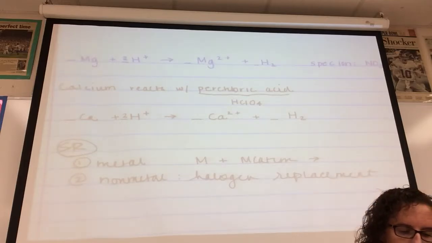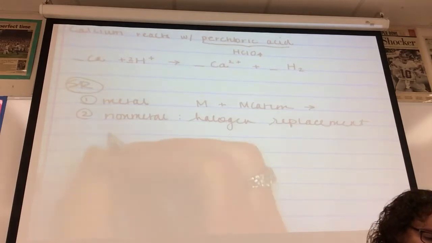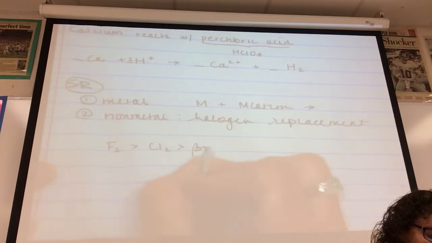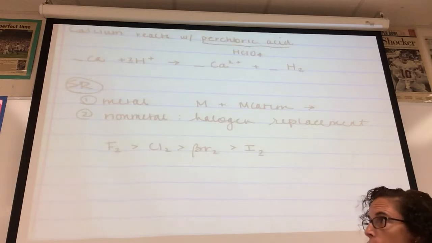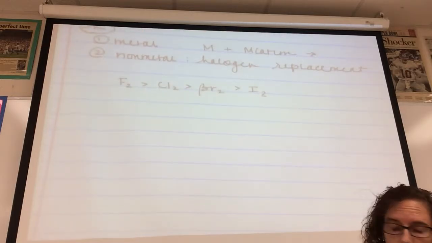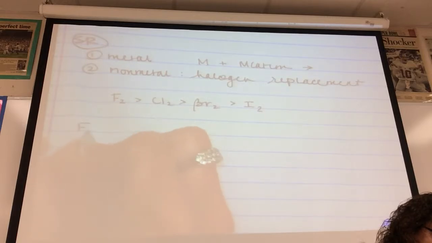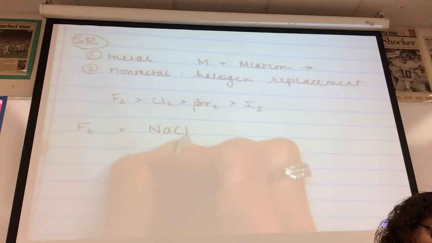And an activity series exists for this too. It's very simple. It goes straight down group 17, where fluorine has greater activity than chlorine, greater activity than bromine, greater activity than iodine. For example, what you would have seen last year, fluorine gas reacts with sodium chloride.